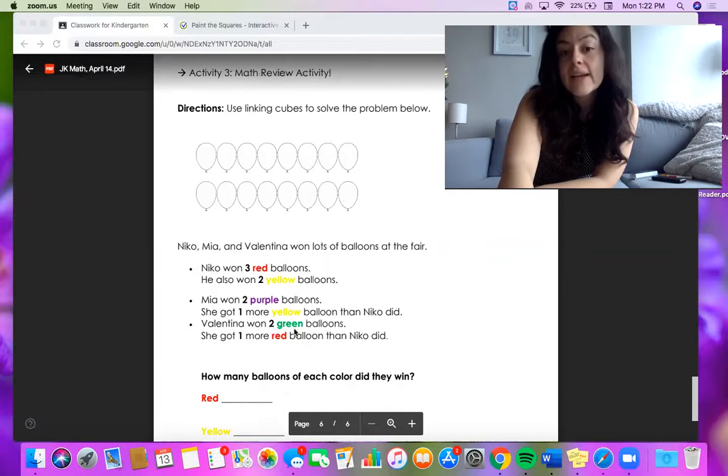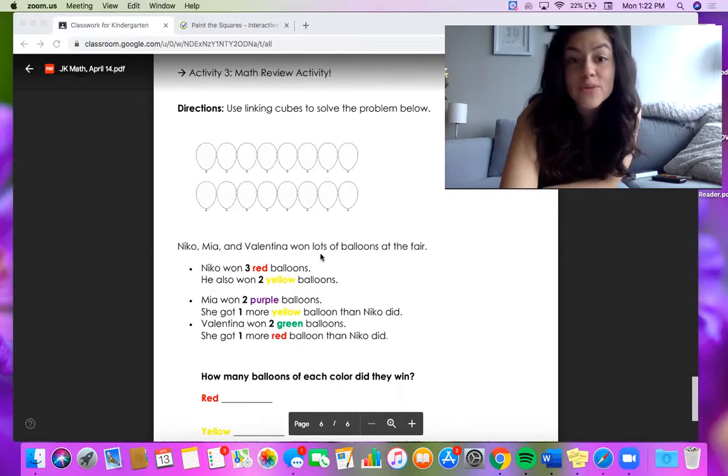And you want to find out how many of each balloon color Nico, Mia, and Valentina won at the fair. So for example, let's do the first sentence together. I need the red color to start off. All right. It says here, Nico won 3 red balloons. So I would color in 3 balloons red.